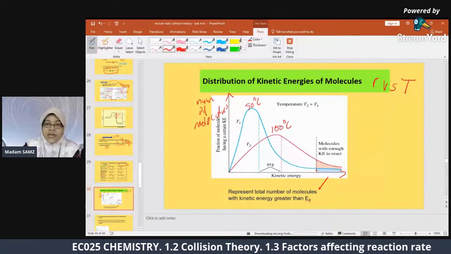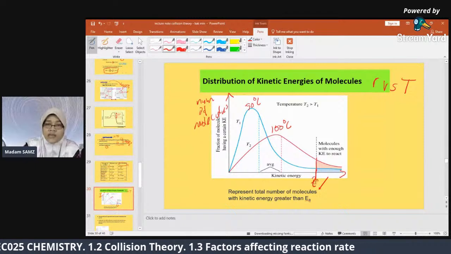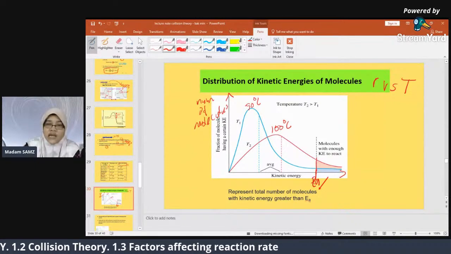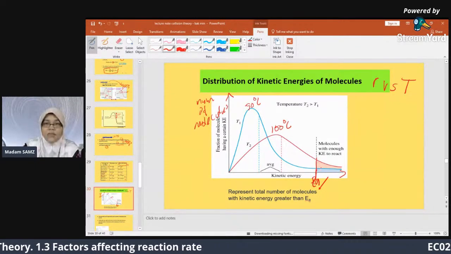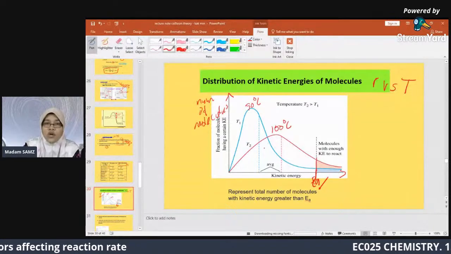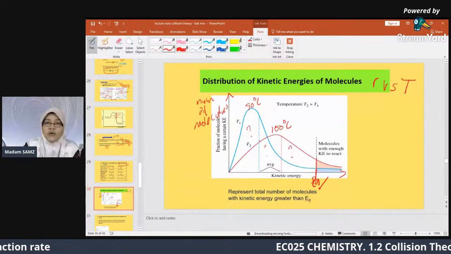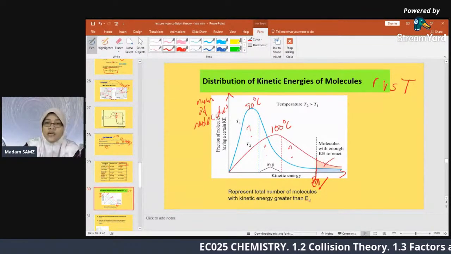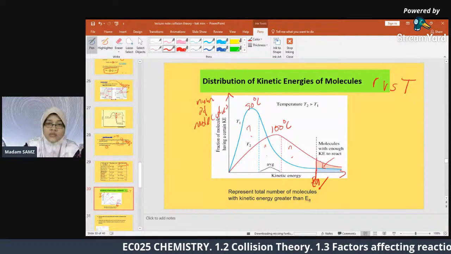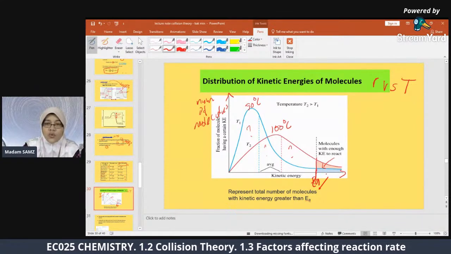Let's say this is activation energy. Dekat sini adalah activation energy. So di sini luas sini belum lagi produk, masih reactant. Only here is a product formed. Okay, luas bawah graf selepas EA baru produk.